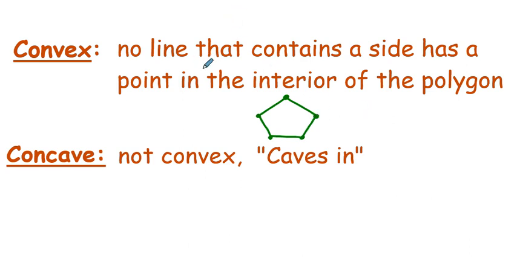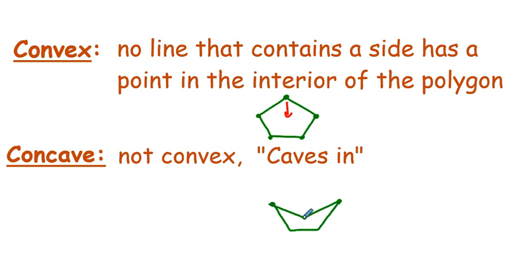So what is not convex has to be concave, and here's what that would look like. Let's take that same picture and imagine that I take this point here and I push it down. I'm going to try to draw that the best I can. Then I push that middle point down.